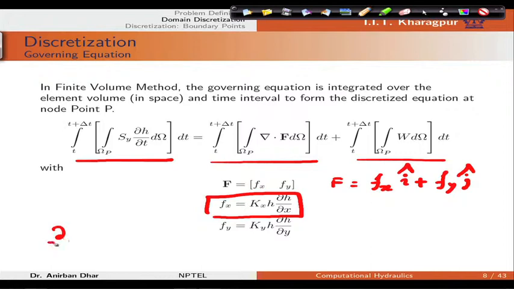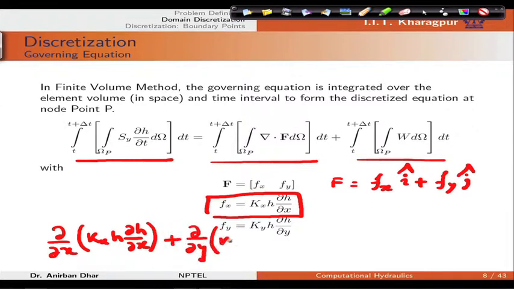Initially this was the case where Kx h del h by del x plus this Ky term. Initially let us consider that our Kx, Ky are different and varying with x.